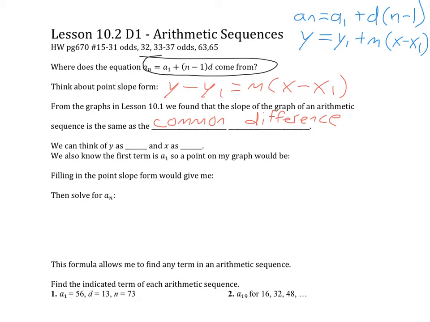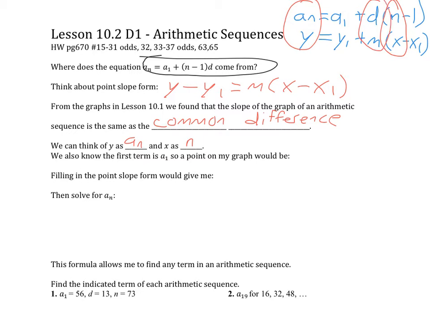You can think of y as an. You can think of x as n. And the slope and the common difference are also lined up.